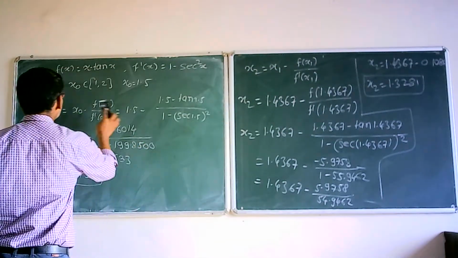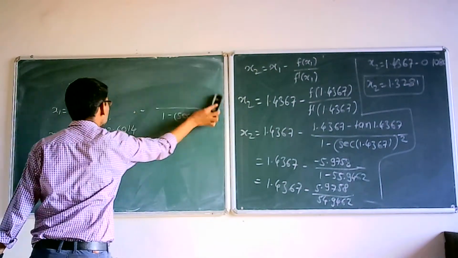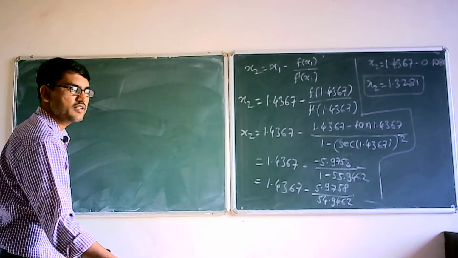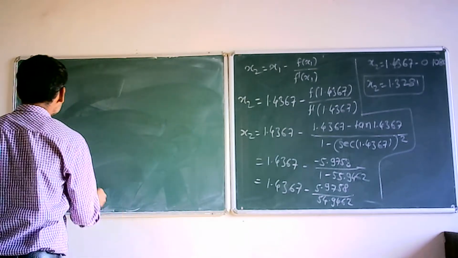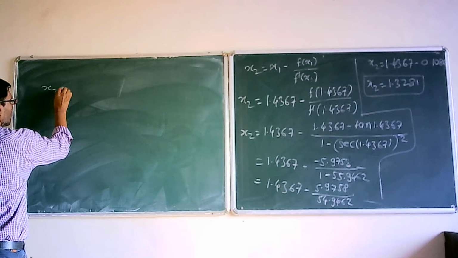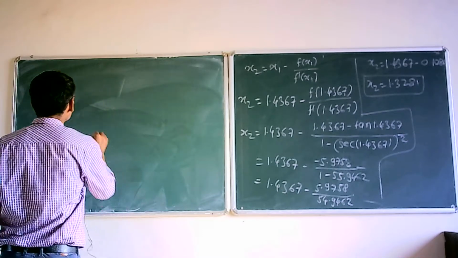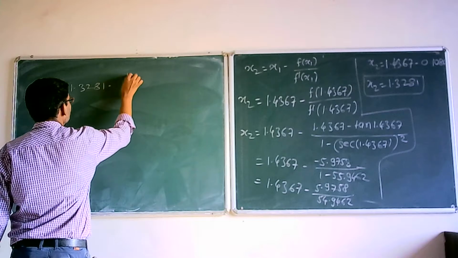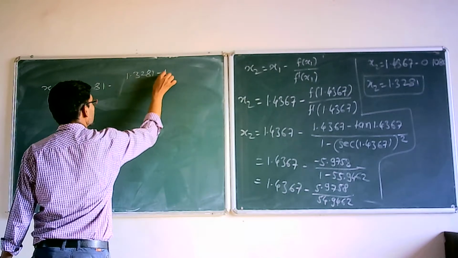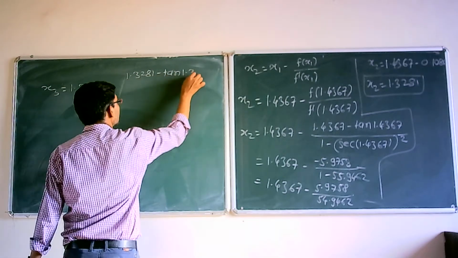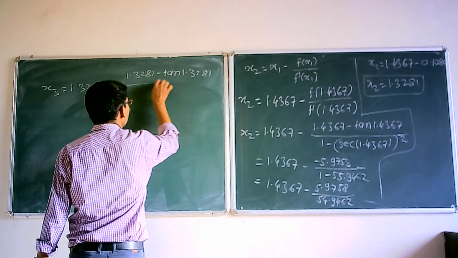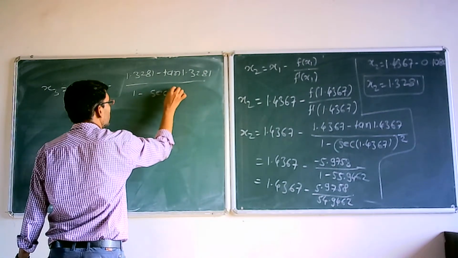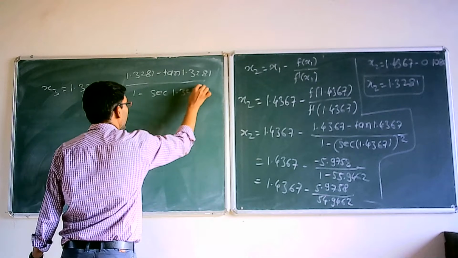Now if you find x3, x3 is 1.3281 minus tan of 1.3281, whole divided by 1 minus sec of 1.3281 squared.